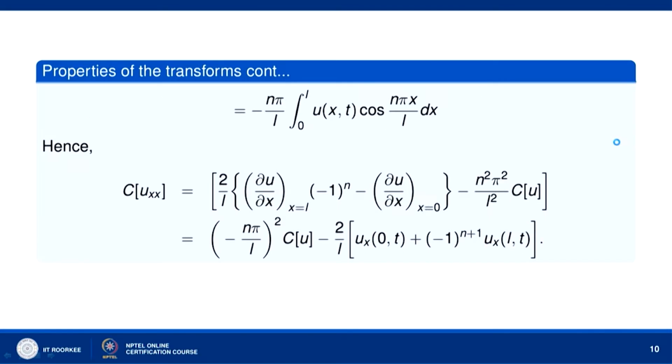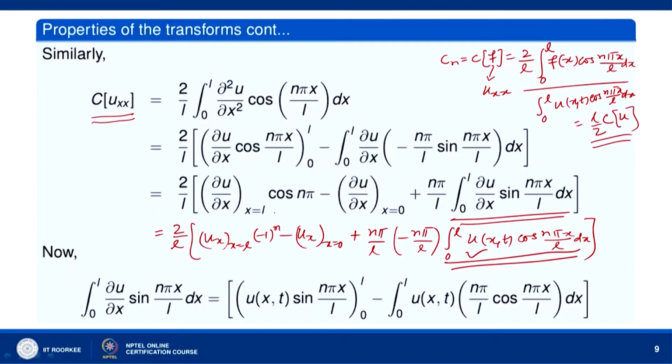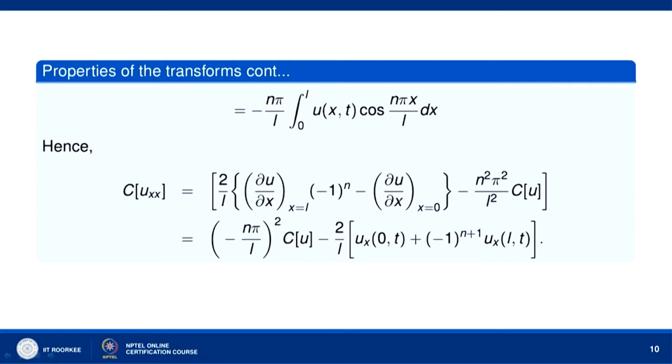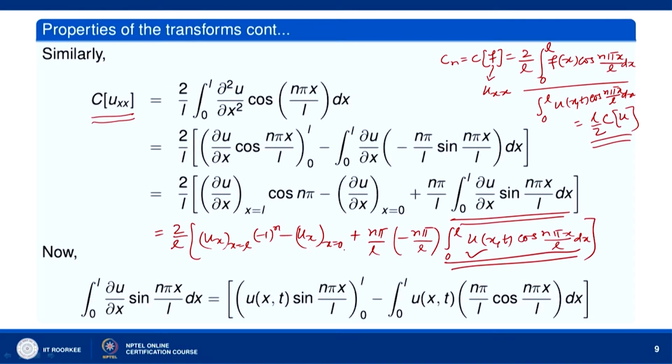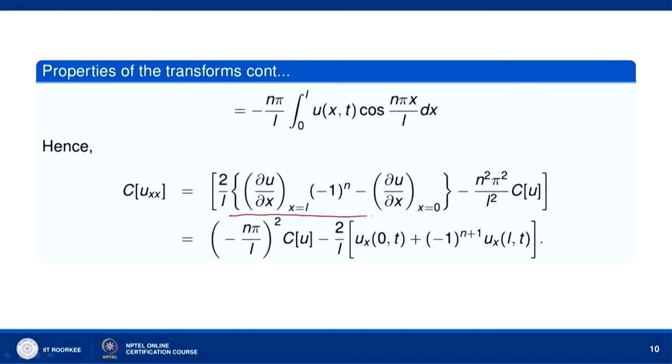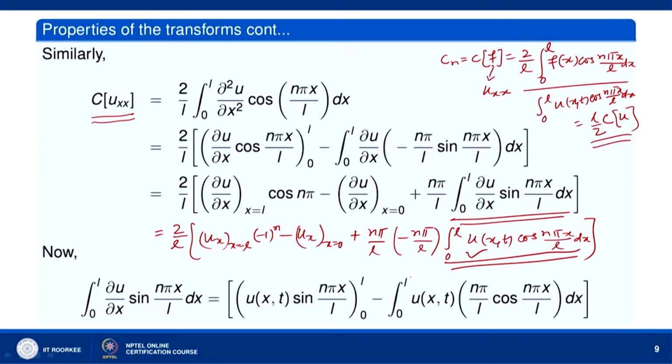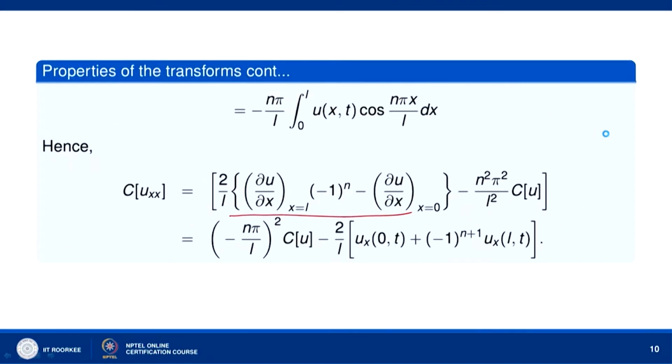So, let us see what we get then. We have 2 over L, u_x at x equal to L times (-1)^n, minus u_x at x equal to 0. So 2 over L is multiplied to this as well as to this. And then minus n square pi square over L square, because 2 over L when you combine with the integral from 0 to L of u(x,t) cos(n pi x over L) dx gives you C_u.